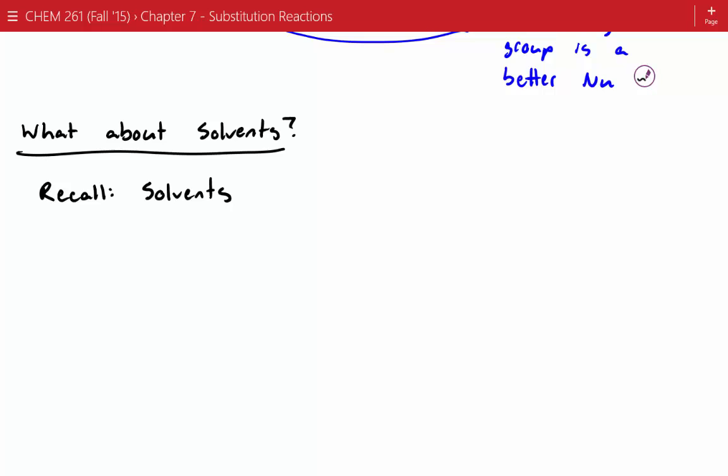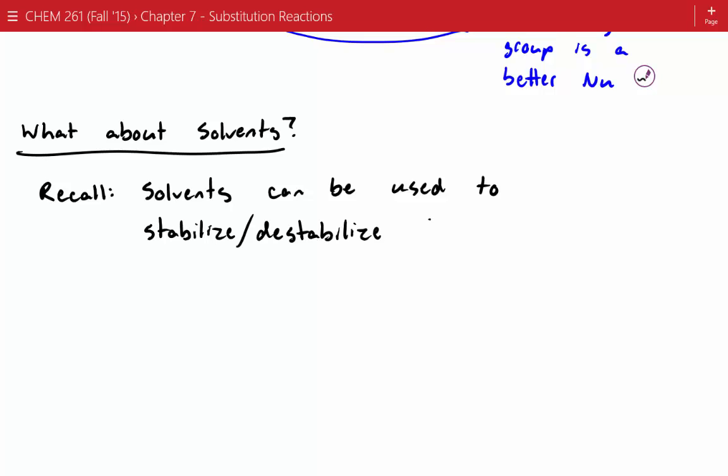So solvents can be used to stabilize or destabilize starting materials, transition states, and/or products.